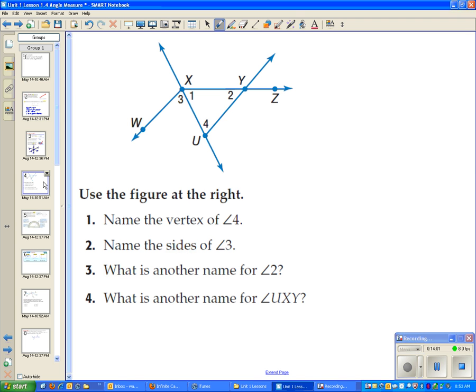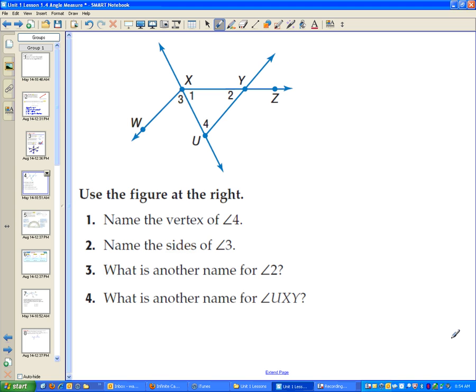This is from your assignment on page 41. We're supposed to use the figure. It says at the right. I put mine above here. We've got to be able to communicate with each other.